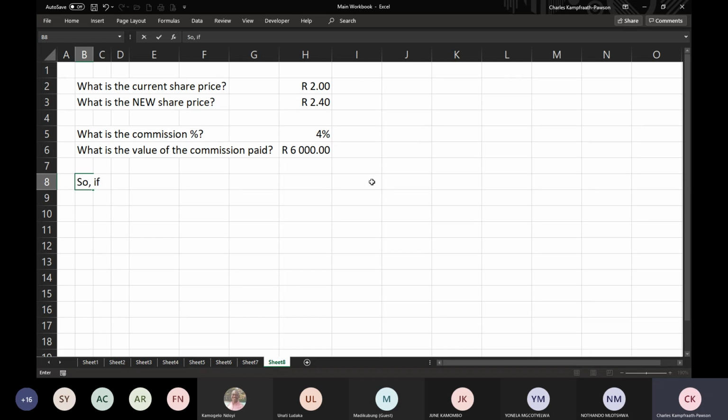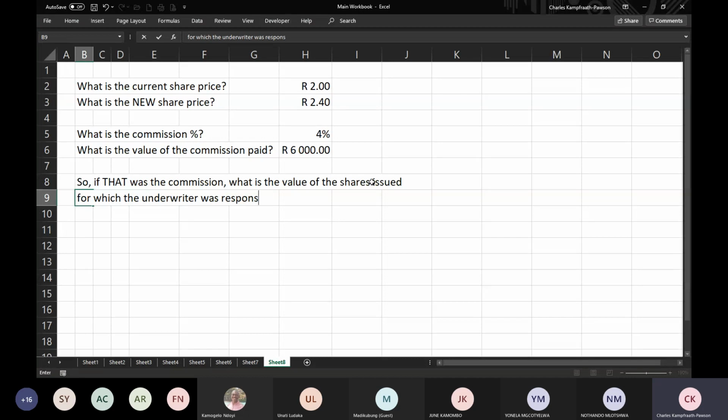So if that was the commission, what is the value of the shares issued for which the underwriter was responsible?